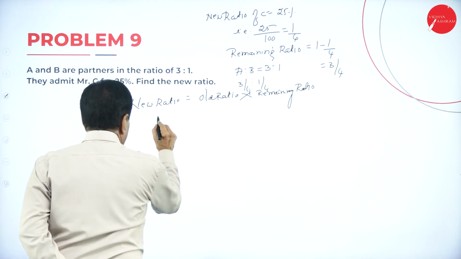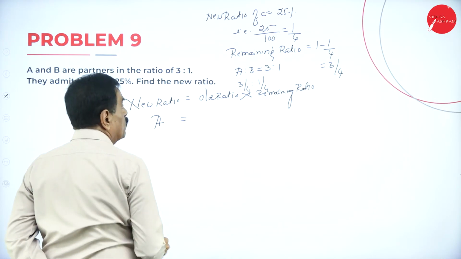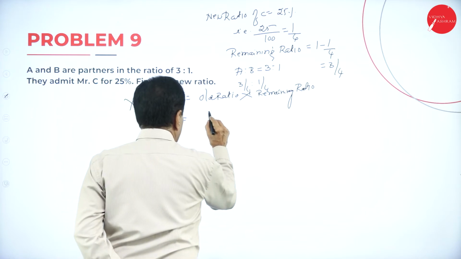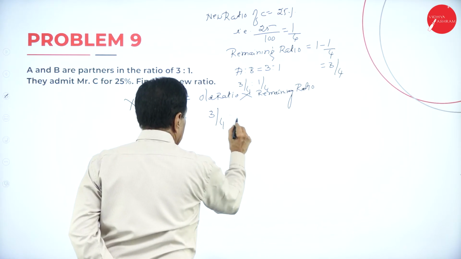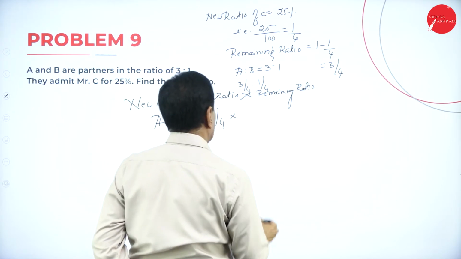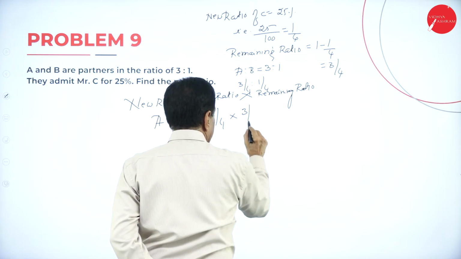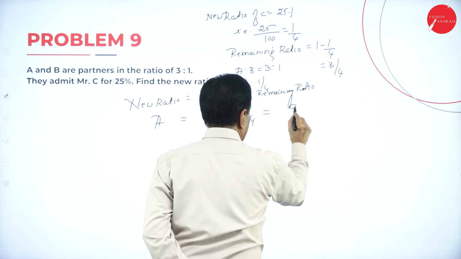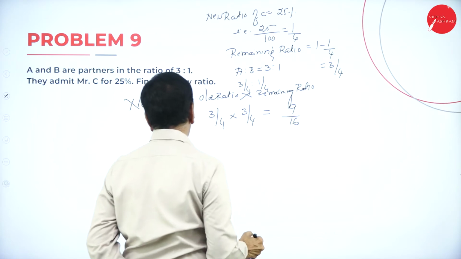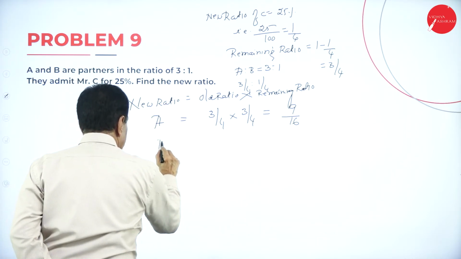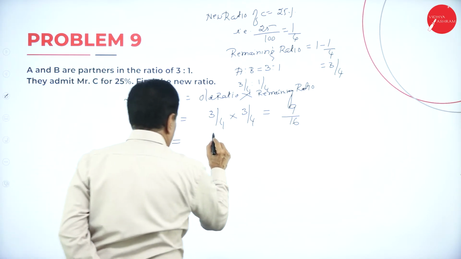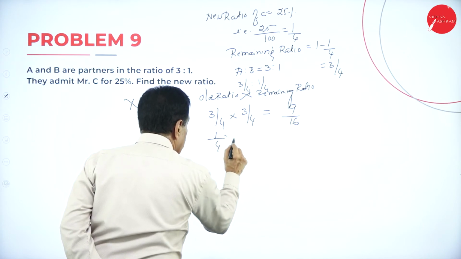You go with A. What's the old ratio of A? 3/4. What's the remaining ratio? 3/4. This multiplied is 9/16. Come back to B. What's the old ratio? 1/4.